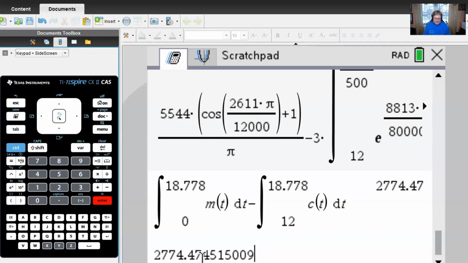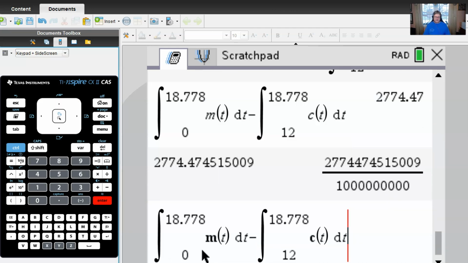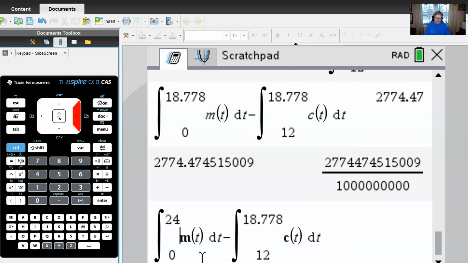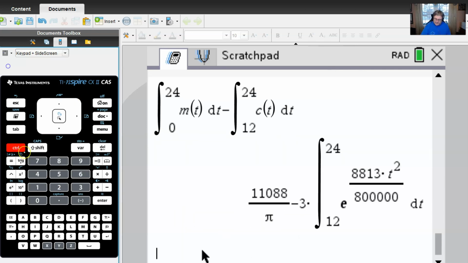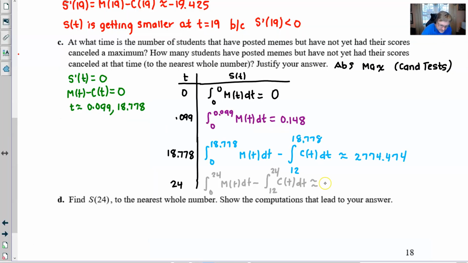Another nice thing about this is that I believe that we can just highlight this, hit enter, and we can just change these accordingly and not have to retype them. So a 24 up there and a 24 right there is going to spit out a final result of 0.16. Now that doesn't sound really reasonable, but it is the correct answer, 0.163.